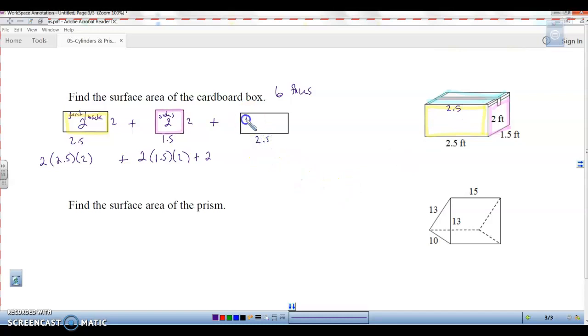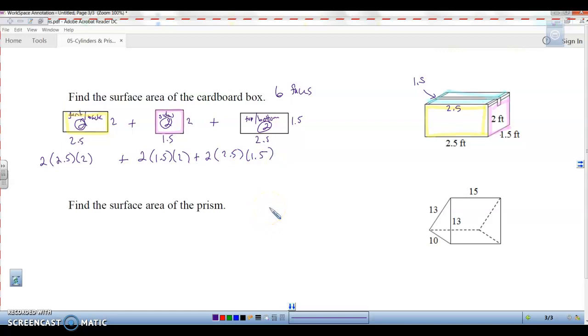This is top and bottom, and there are 2 of those. So this is 2.5, and that means this side right here is also going to be 1.5, because it would be the same as this one over here. So it's 2 times 2.5 times 1.5.